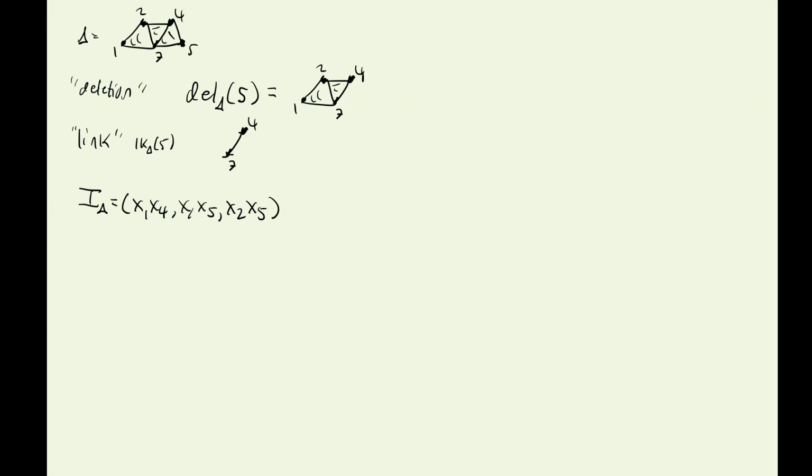The ideal of the link is what I get just by adding 5 into my ideal. Once I add 5 into my ideal, I don't need these generators that have a 5. Oops, sorry, thank you, this is deletion.